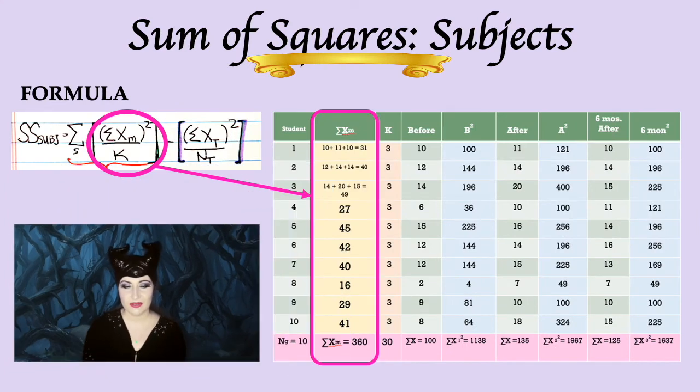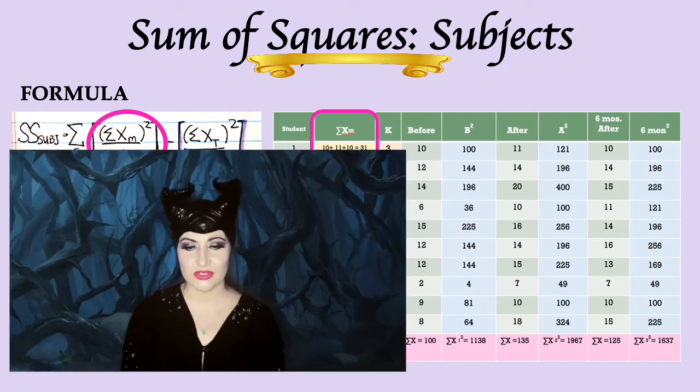So this middle part of our formula is actually coming from the sum of x m column that we had in our data set. What we need to do is ultimately take each number for each participant, which is 31, 40, 49, 27, etc. We need to square each value and divide by k, the number of groups we had, which is 3.